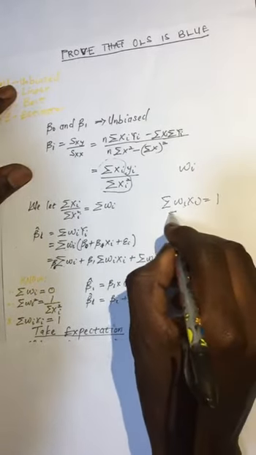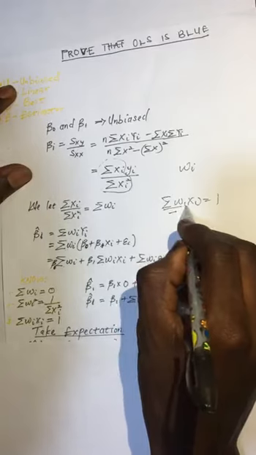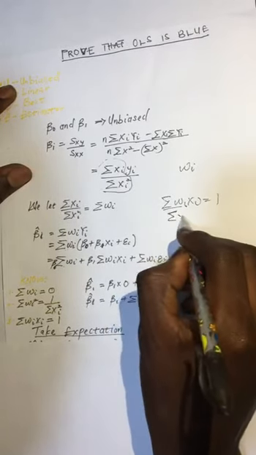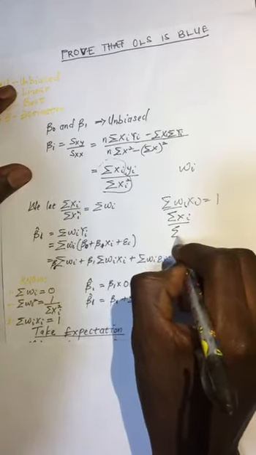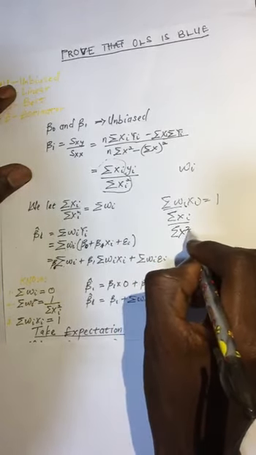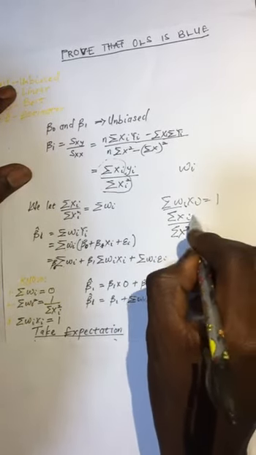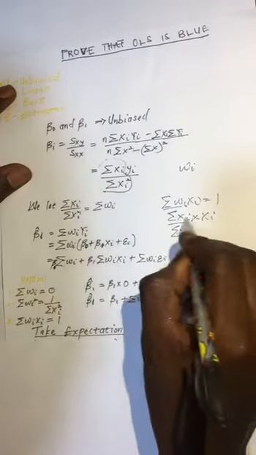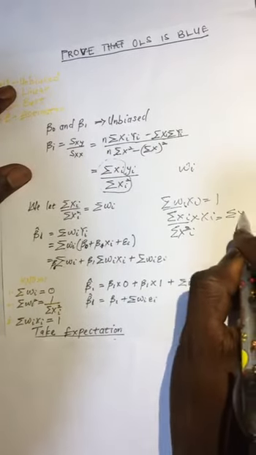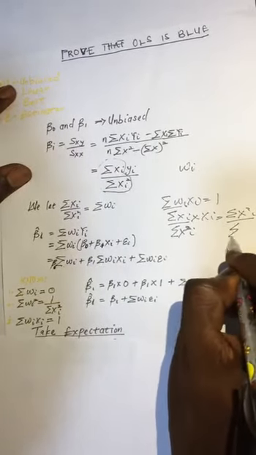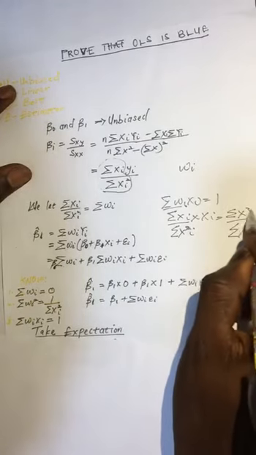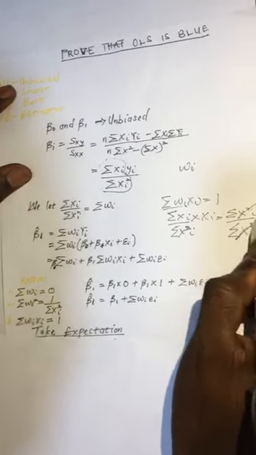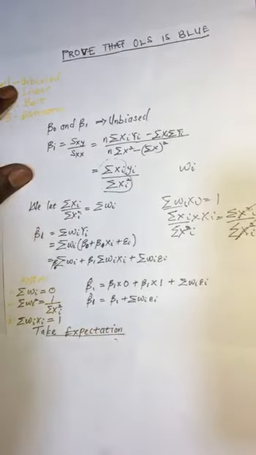We know that w i is x i over the summation of x i square. Multiplying by the same x i gives the summation of x i square over the summation of x i square. So x i square cancels, and it gives us 1. That's why we are getting 1.